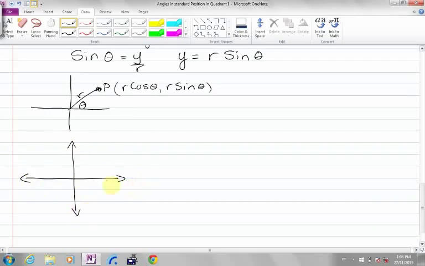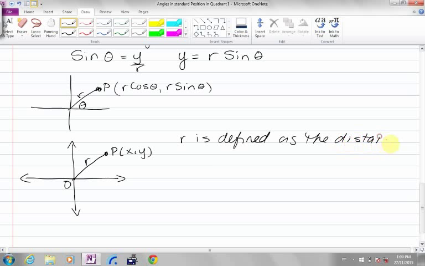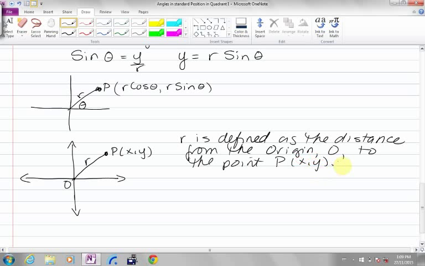So if we have a point P(x, y) in the coordinate plane, then r is defined as the distance from the origin O to the point P, which has the coordinates x, y.